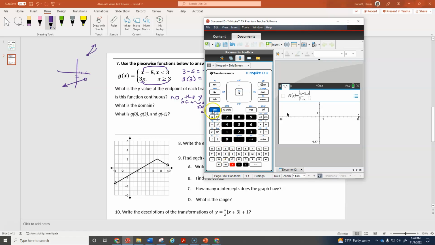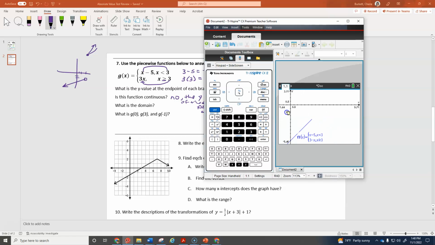Here's where I get my less than or equal to, so control equal, and I want this one less than 3. Then I come down to this box, type in 3x, and go to this box and type in x, control equal, greater than or equal to 3. Press enter, and let's see, there it is. I need to get those together.